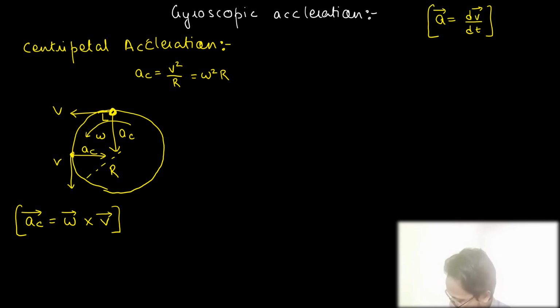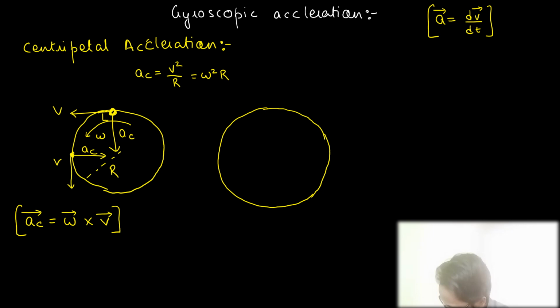Suppose there is a circular orbit out here, and this particle was initially out here with velocity v. Now how do I define the velocity vector v?